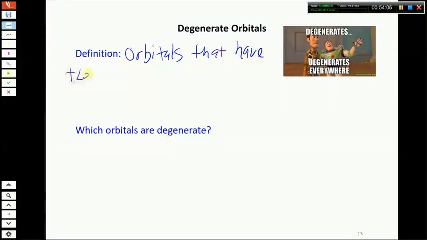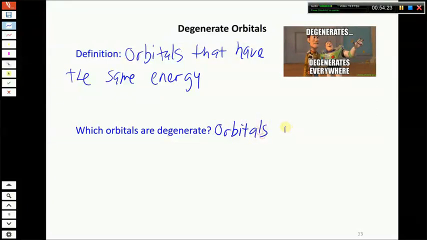We saw from the arguments last time that the 2s orbital is lower in energy than 2p, but there are some situations where you have orbitals that have the same energy as each other. That happens when you have more than one orbital in the same subshell. So orbitals in a given subshell, orbitals with the same n and l value, are all going to be degenerate with each other.